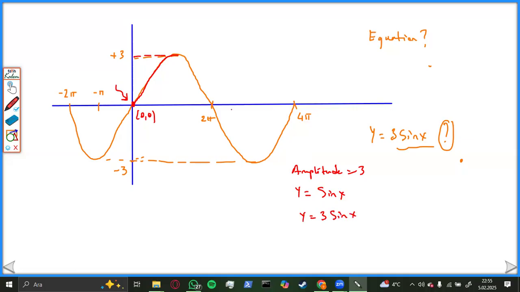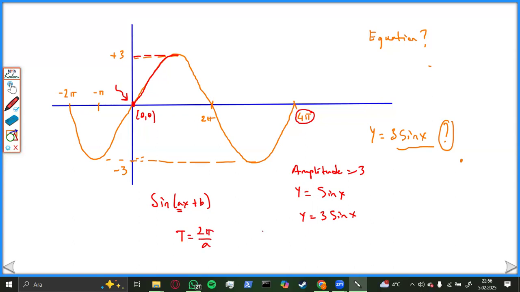But be careful. One period here is 4 pi. So you know that if sine of a times x plus b is our function, then a is about the period. In other words, we know that period is 2 pi over a.